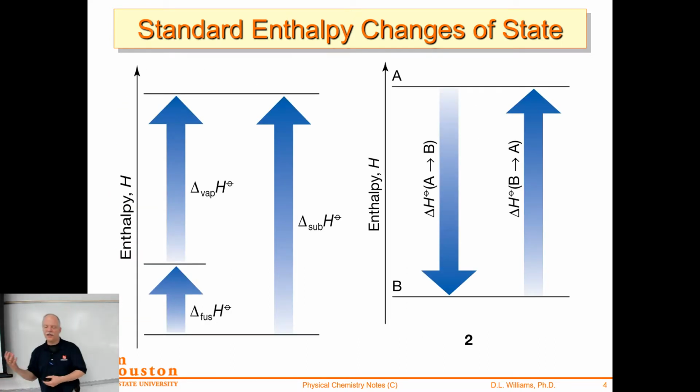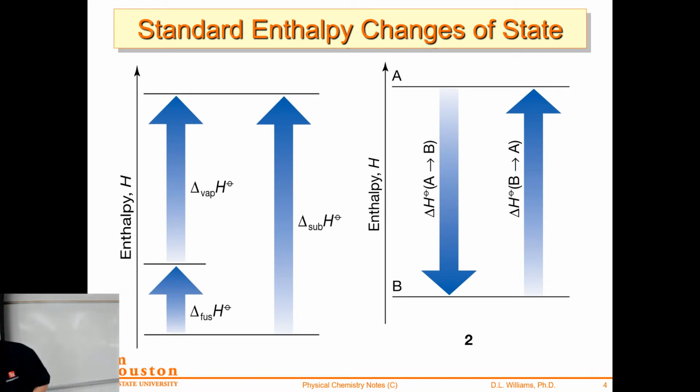So this is the same idea, but just drawn on an energy level diagram. Way at the bottom, you have the energy level of the solid, and then in the intermediate, you have the energy state of the liquid, and then at the top you have the gas.